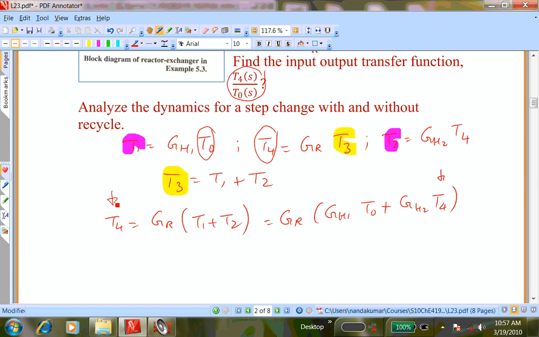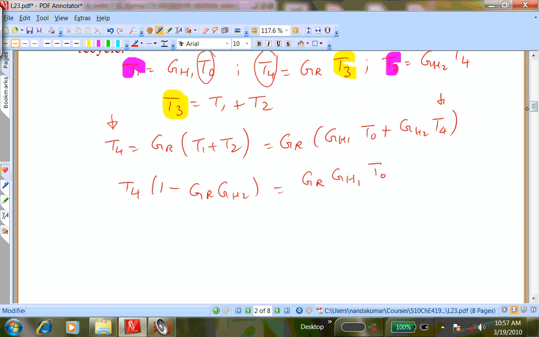Rearrange. So collect all the T4 to the left hand side. So T4 times 1 minus GR times GH2 equals GR times GH1 times T0. Okay.